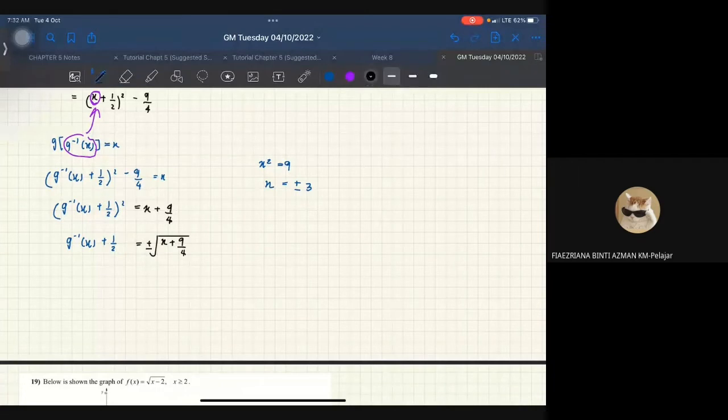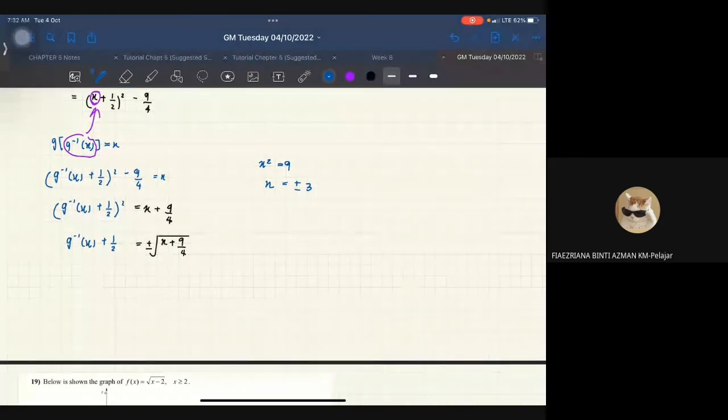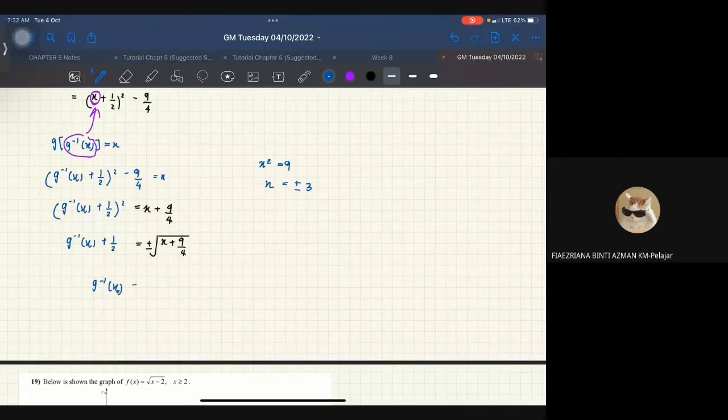Okay, and then lastly saya dapat G inverse of x is equals to this one, saya copy je. And then minus 1 over 2.